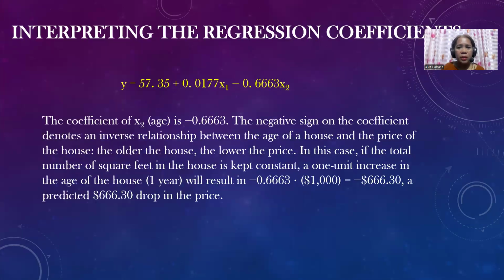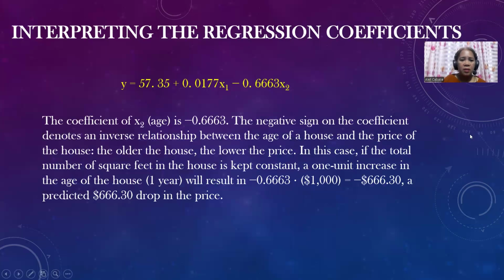So interpreting the regression coefficients. The coefficient of x2, the age of the house, is negative 0.6663. The negative sign in the coefficient denotes an inverse relationship between the age of a house and the price of the house. So the older the house, the lower the price, of course.